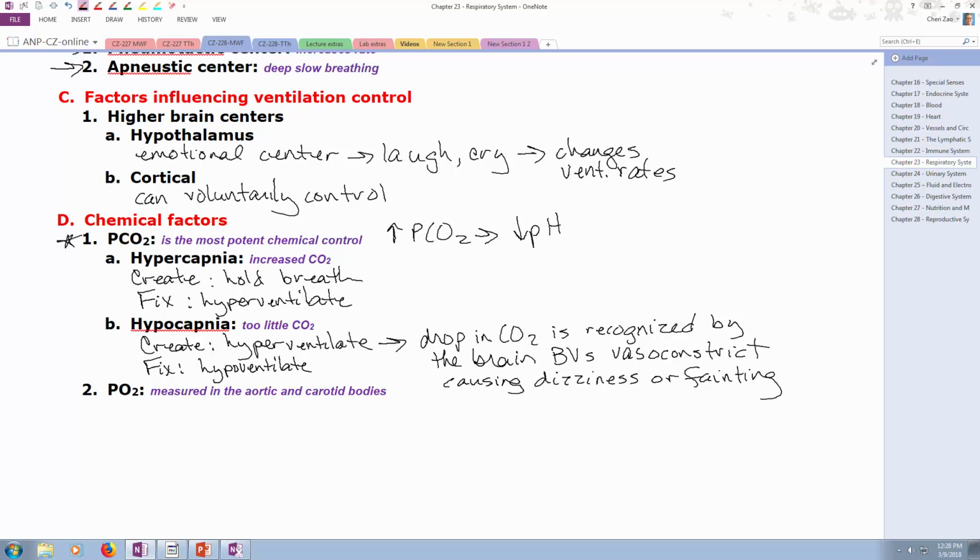The important thing about PO2 concentrations is that it only impacts ventilation when the change or drop is rather extreme.